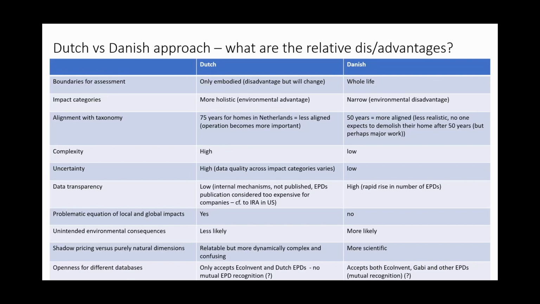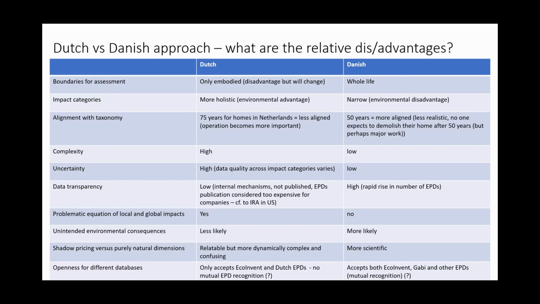The Dutch approach seems to be less aligned with the European taxonomy, as it assumes the lifetime of homes is 75 years.